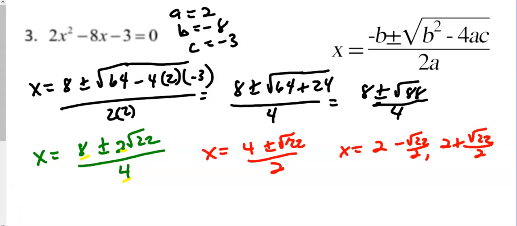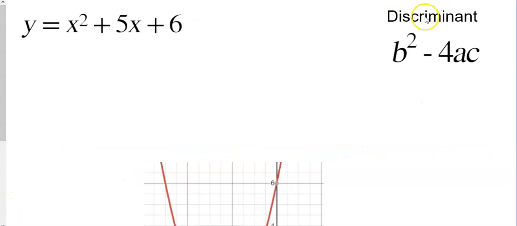Now let's talk about our discriminant. B squared minus 4ac, which notice is a part of our quadratic formula. So here, notice a is 1, b is 5, and c is 6. So take a moment and use Desmos or your calculator to put this equation into your calculator so you can see the graph.